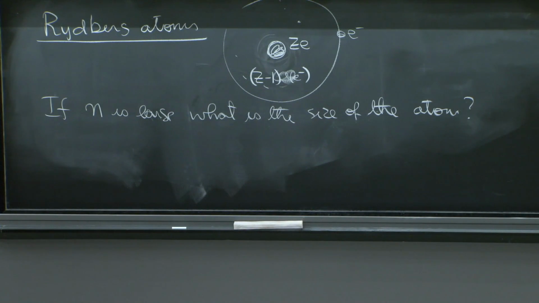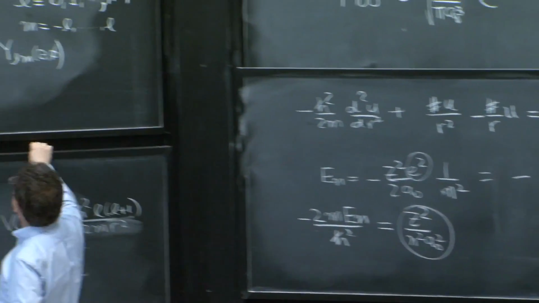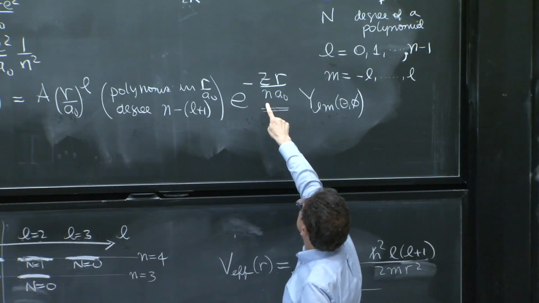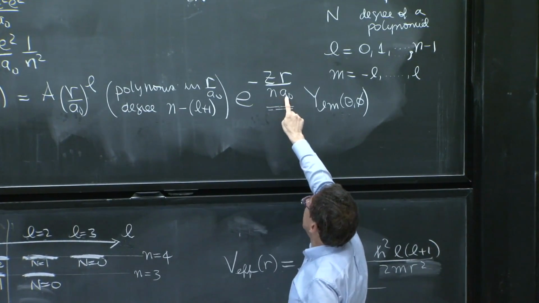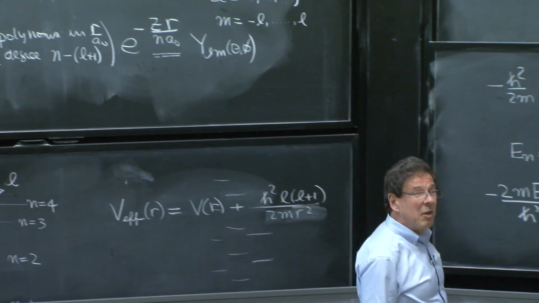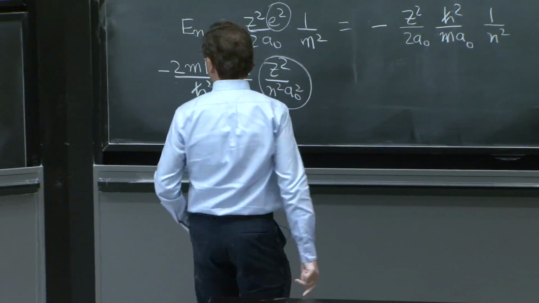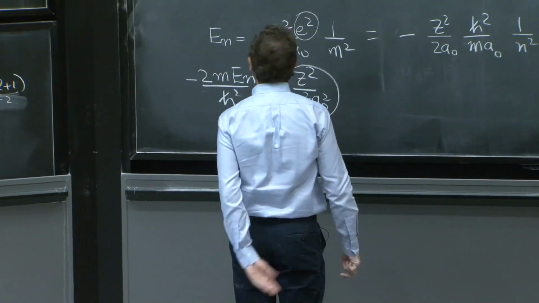Now, I must say, I myself, when I look at these things after a few years that I don't teach quantum mechanics, I look at here and say, okay, this is the solution. Well, maybe the size is n a0. Unfortunately, that's completely wrong.